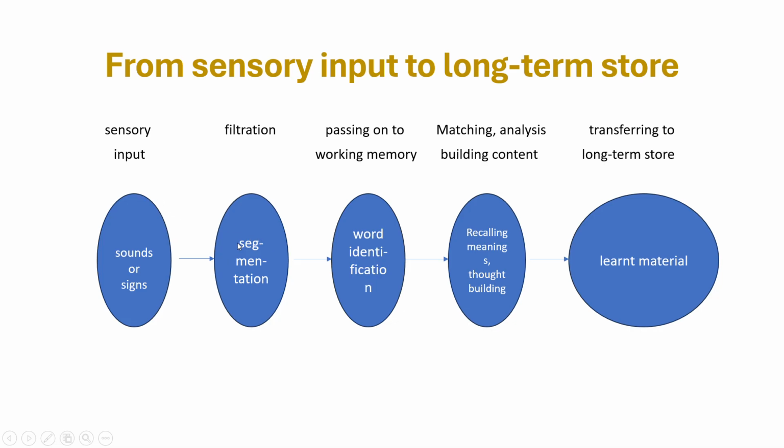Then you've got segmentation, right? Irrelevant noise or irrelevant blotches on the sheet of paper are filtered away, and only the relevant content is segmented into words and phrases and expressions. Then in working memory you have the already mentioned word identification upon consulting the store in long-term memory, and you recall the meanings of those words.